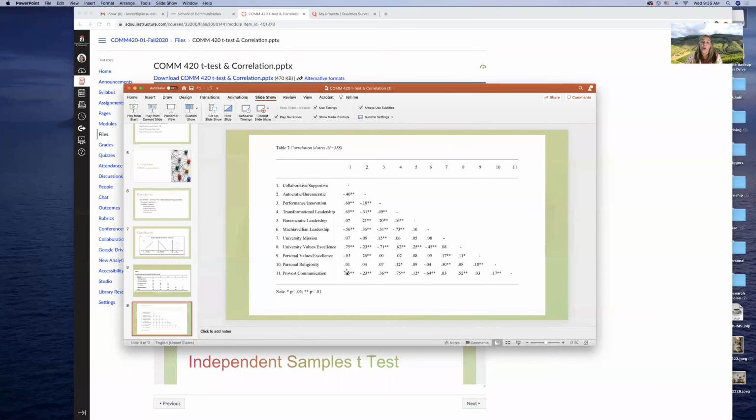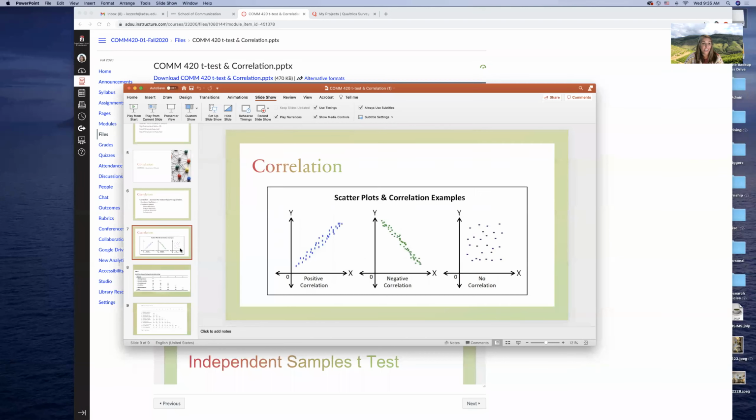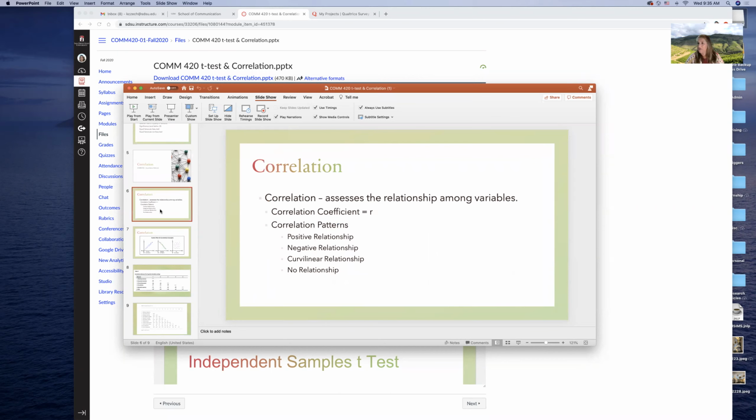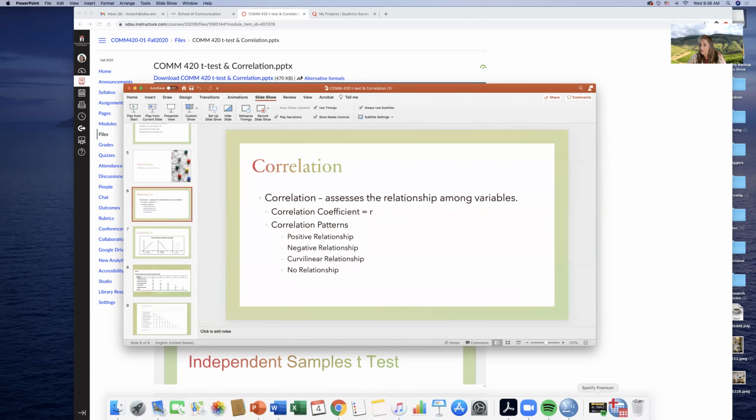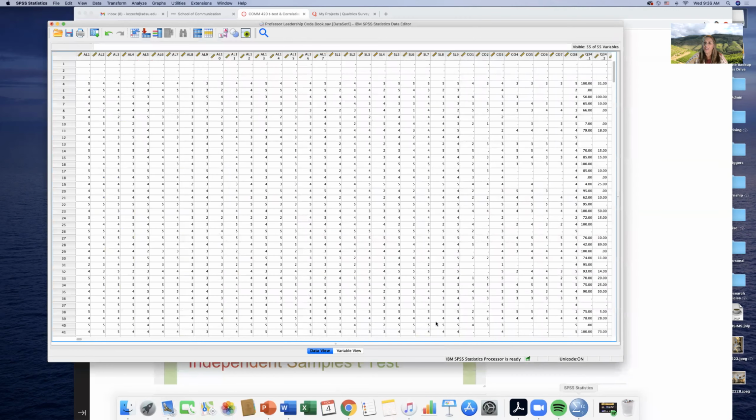Okay, so that's just the conceptual, what is correlation, how two variables influence each other. All the variables in correlation, by the way, also must be interval level. You cannot correlate nominal and ordinal variables. So we only look at correlation between interval level variables. So we're going to go to our SPSS data set that I'm going to be giving you.